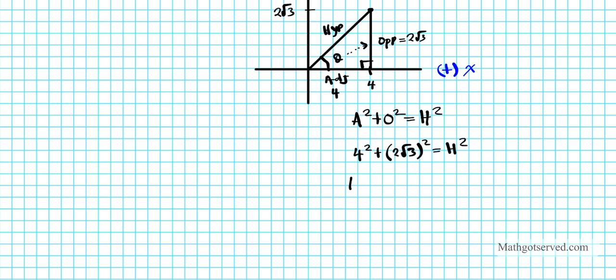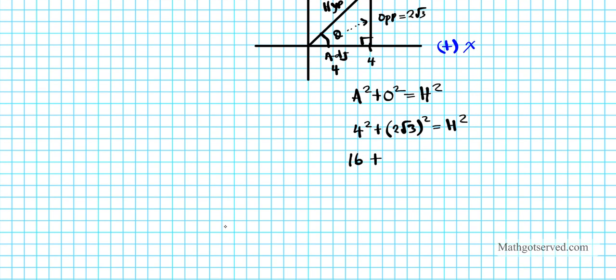So 4 squared is 16. Now if we want to square 2 root 3, using the product property of exponents, we have to distribute this square to the 2 and to the root 3. If we make that distribution, we're going to have 2 squared, which yields 4. And when you square root 3, you get 3. Okay? And that equals H squared.